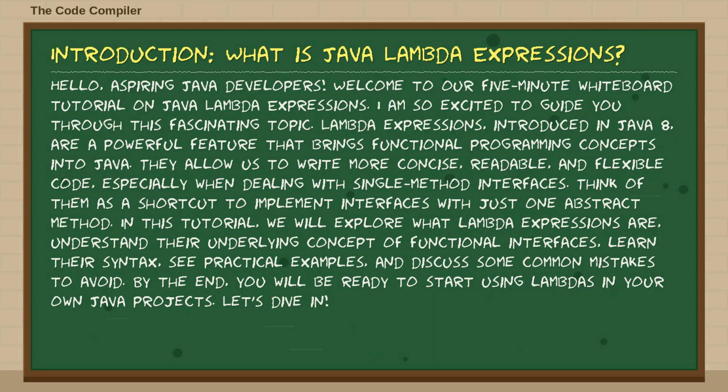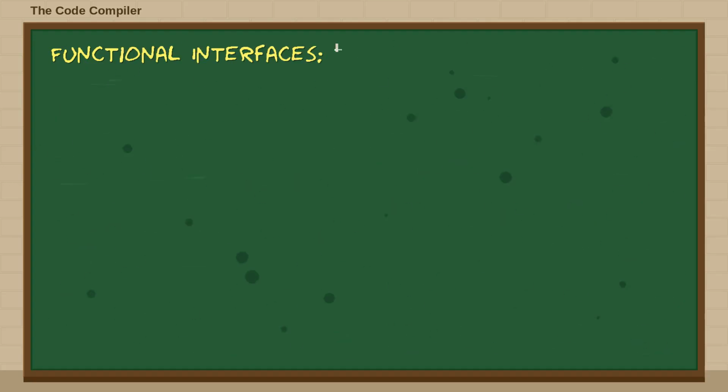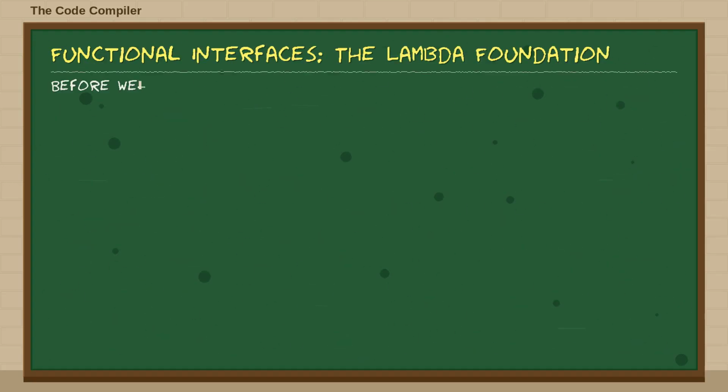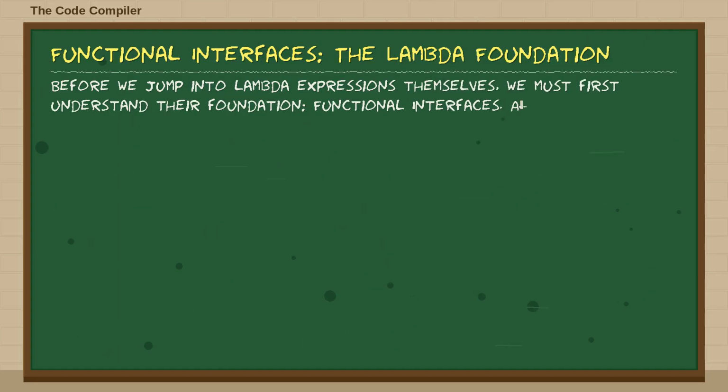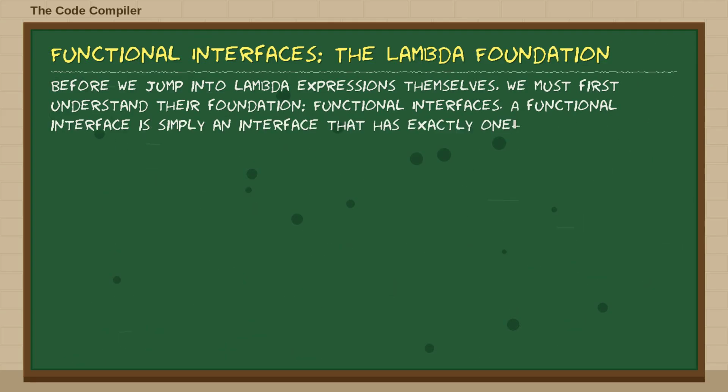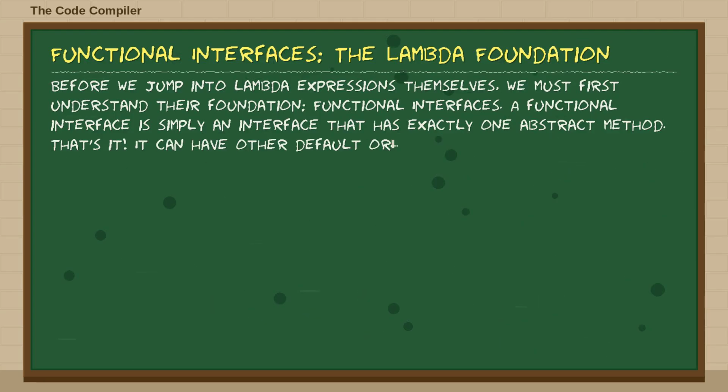Let's dive in. Before we jump into Lambda expressions themselves, we must first understand their foundation, functional interfaces. A functional interface is simply an interface that has exactly one abstract method. That's it.